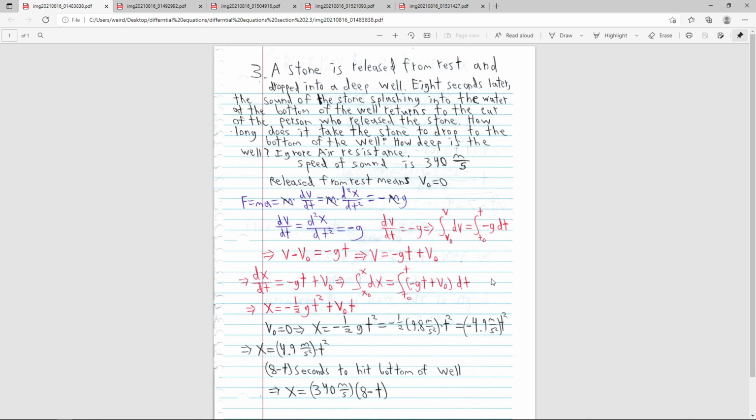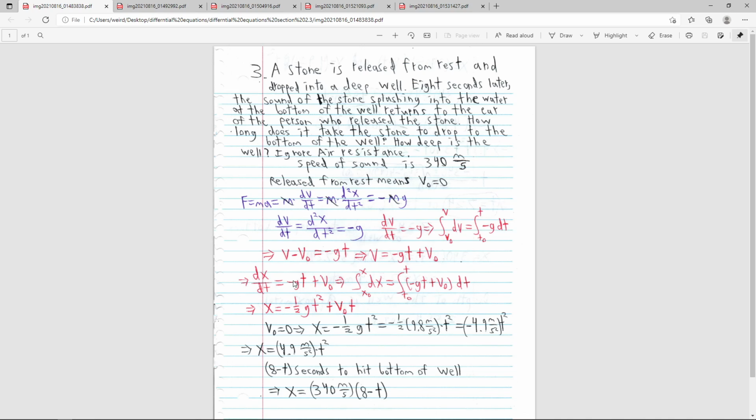Now let's first just solve for dv/dt equals negative g. That means we have v and v0, and t0, and we integrate both sides. So dv equals negative g dt. So v minus v0 equals negative gt, and of course v equals negative gt plus v0.